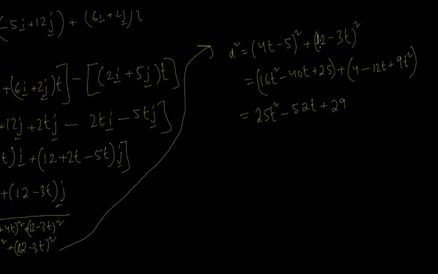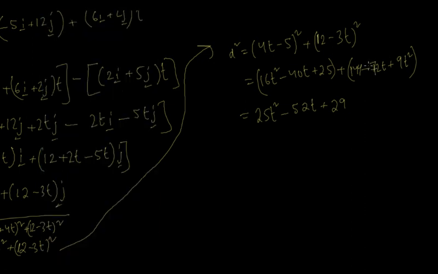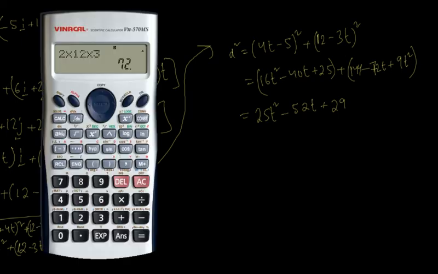So 12 squared, a minus b whole squared, 12 squared is going to be 144. So 2ab is going to be 24 into 3. Let me bring out my calculator. 2 into 12 into 3 is going to be 72, so this will be minus 72 plus 9. Now this is correct, so 16 plus 9 is 25, minus 40 and 72. If we add this, 40 and 72, this is going to be 112.